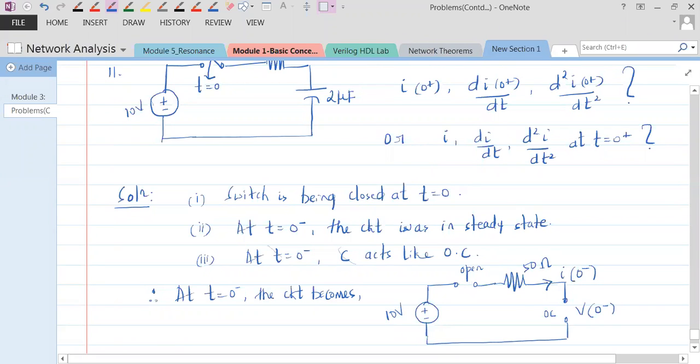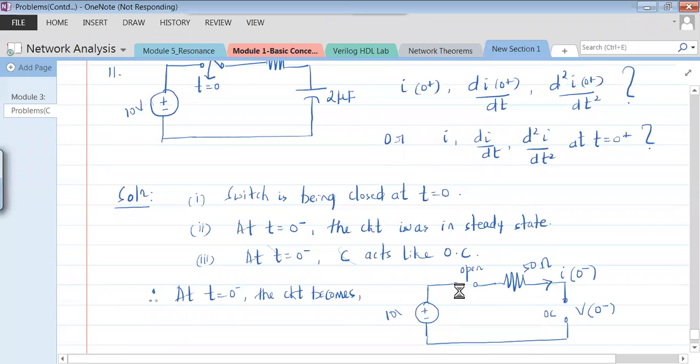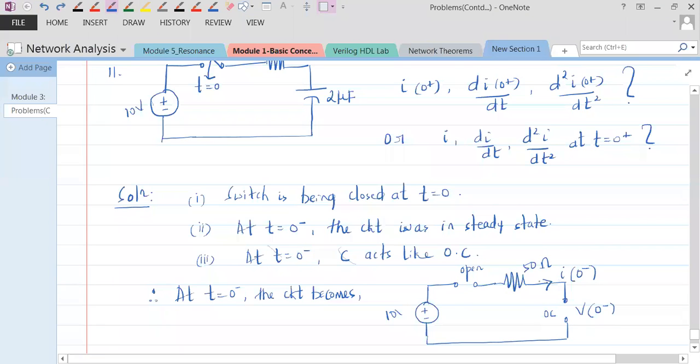When the switch is closed, suppose like this, then I of 0 minus will not flow because the capacitor is open circuited, but this voltage would drop across the capacitor. Understand? But what is this case now? The switch is open, so the supply is not being given here. So I of 0 minus will not flow.